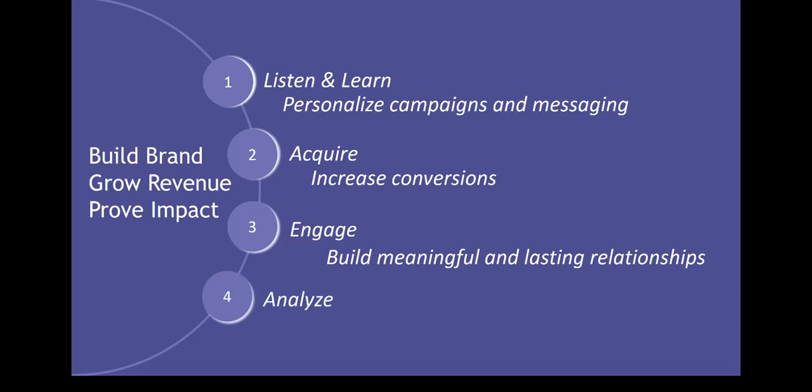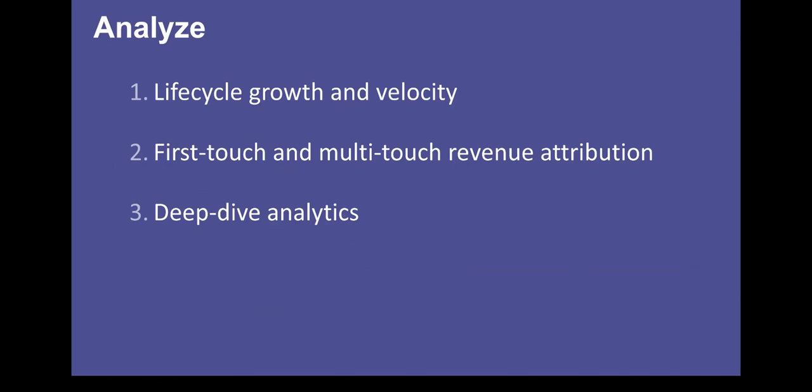During this last section, we're going to look at how you can analyze the marketing activities you've been doing and determine whether you need to adapt and adjust any of them. We'll look into the deep analytics as far as how quickly you're building those relationships and moving people either through the pipeline or building that consumer relationship.